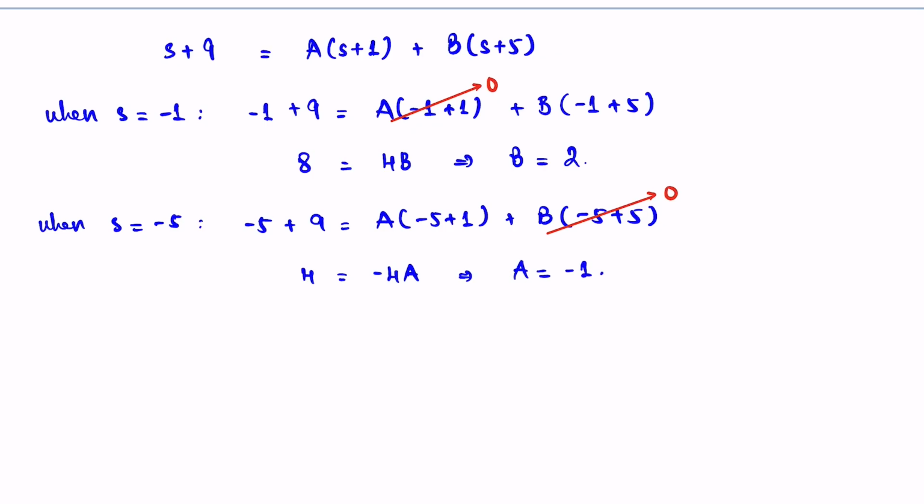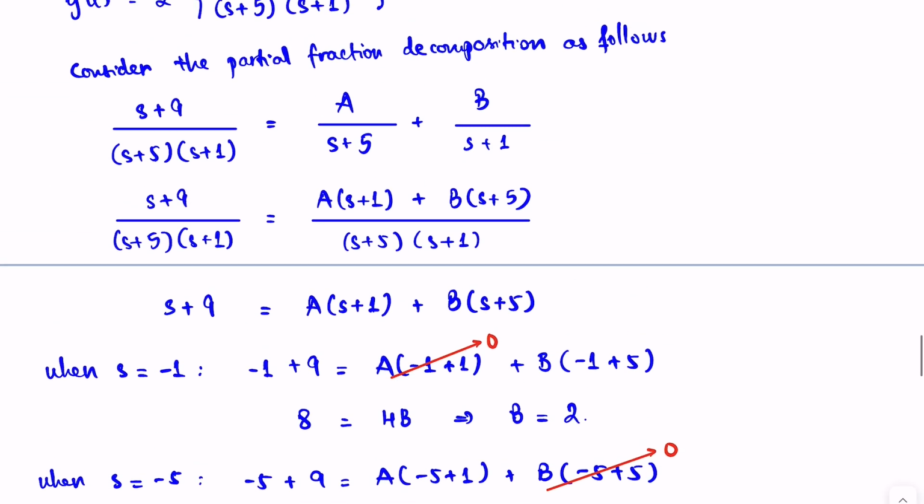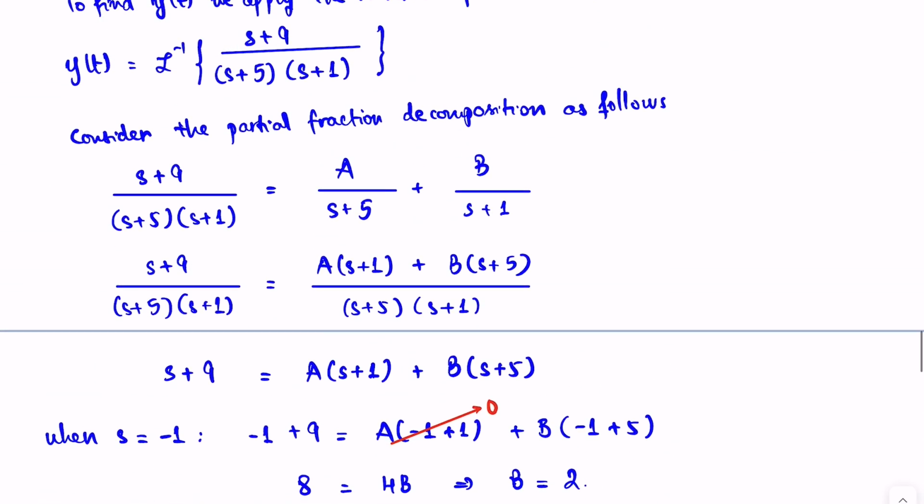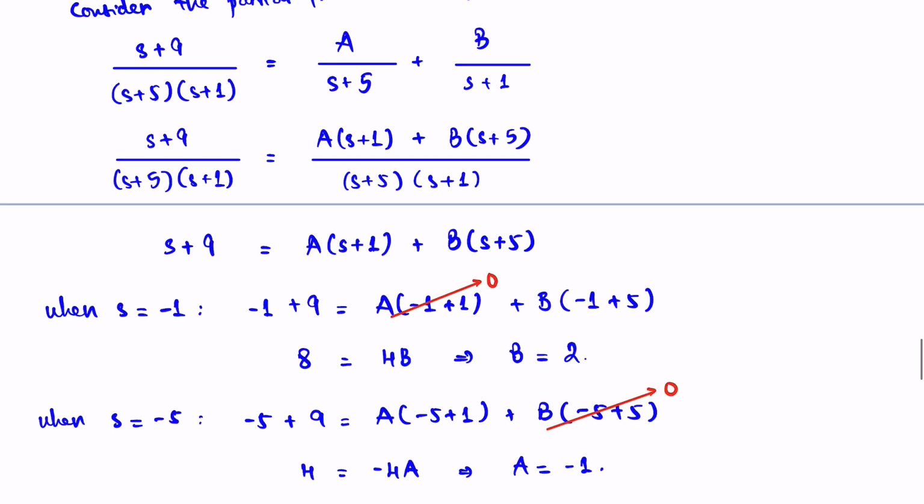Right. So let me quickly recap what we just did. We're trying to find the inverse Laplace transform of these functions. We recognize that you can separate these fractions into two different fractions using the partial fraction decompositions. And we found the value of capital A and capital B. Now you put it back to find the value of y of t.